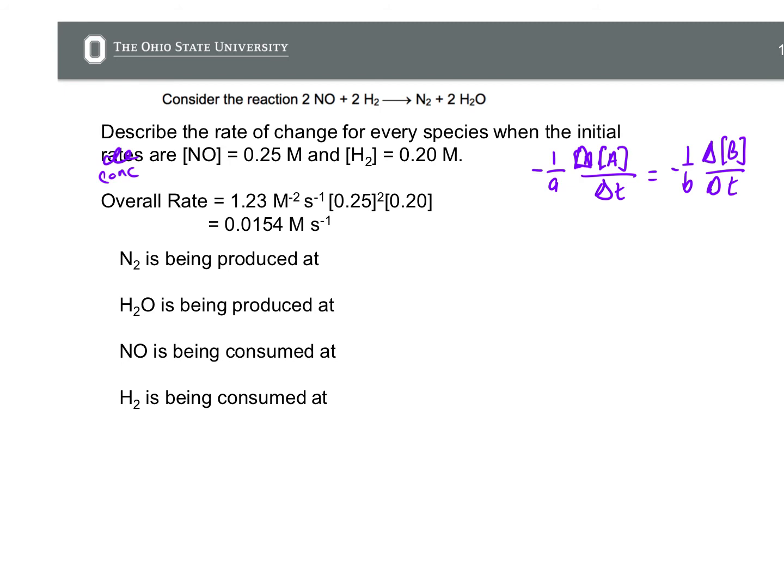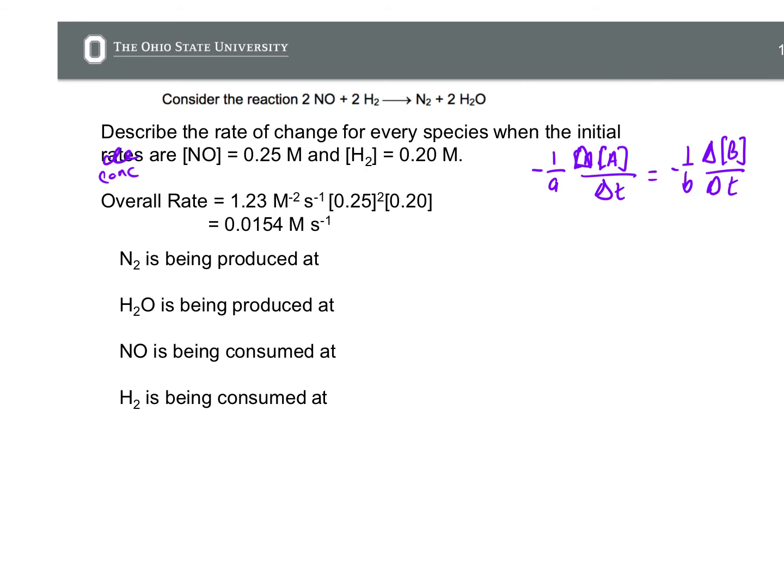What does that rate mean? What is that a rate for? I mean, we said overall rate, but last time we talked about rates of reactants disappearing and rates of products appearing. Can we relate that to any reactant or product? This part's tricky, okay?